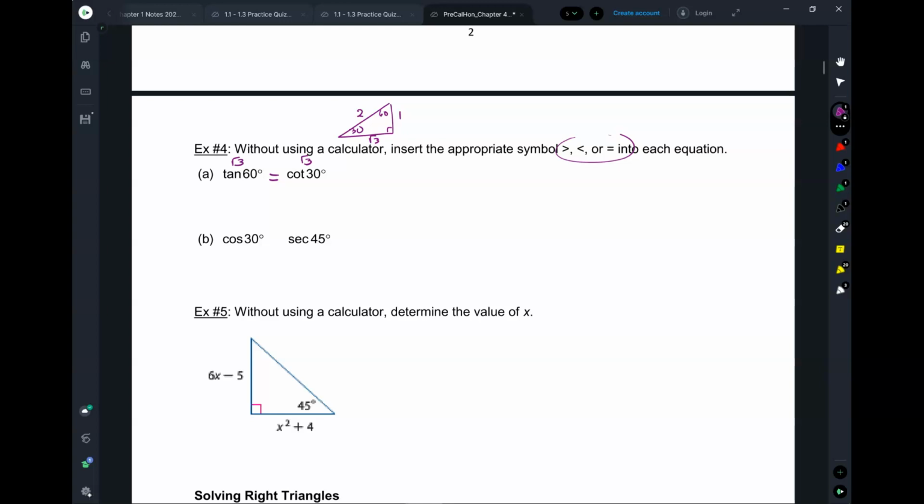So we have to figure out what tangent of 60 is, right? Which is root 3. And what's cotangent of 30? Adjacent over opposite, root 3 over 1, so root 3. Does it matter?